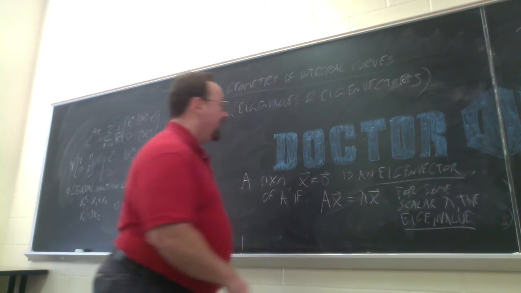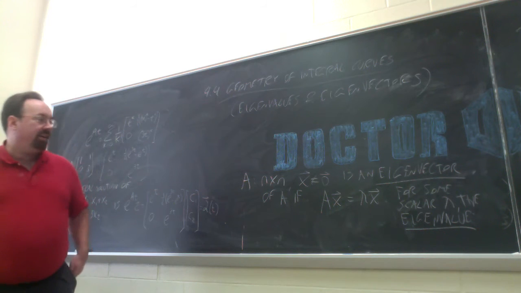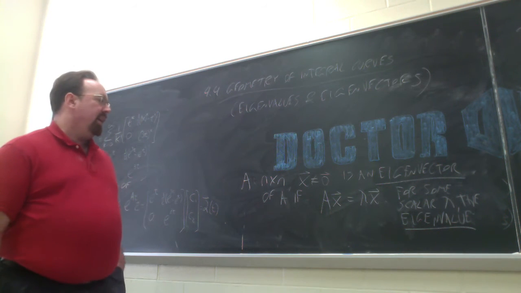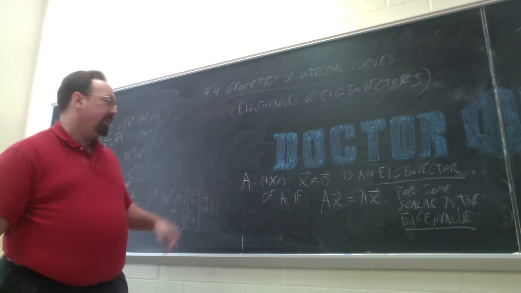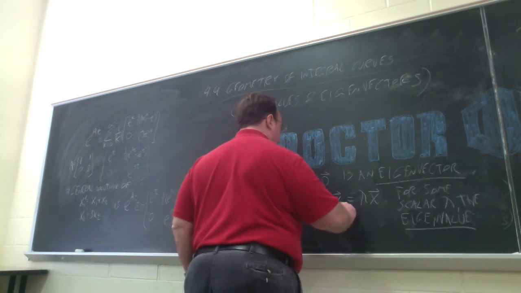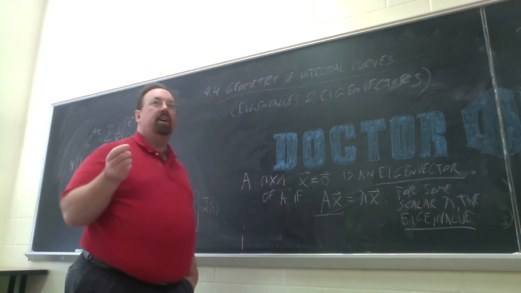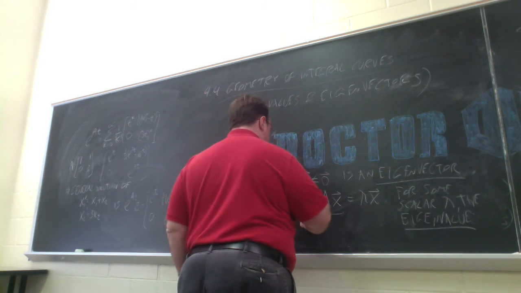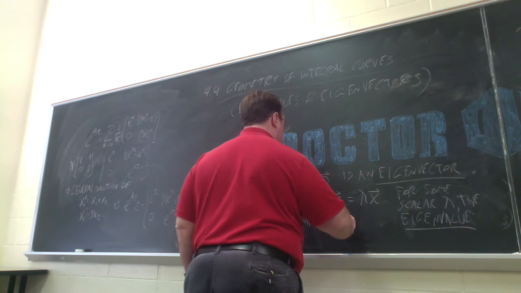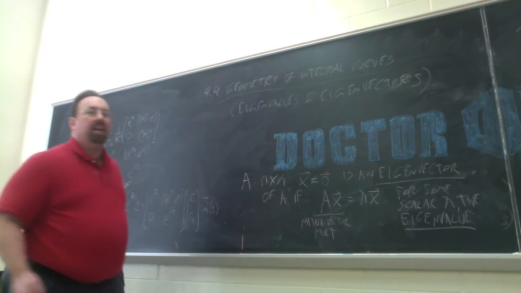Okay. All right. Now, to interpret this equation, A times x equals lambda times x: on both sides you have completely different operations being performed. On the left side you have matrix vector multiplication, kind of a tedious operation.